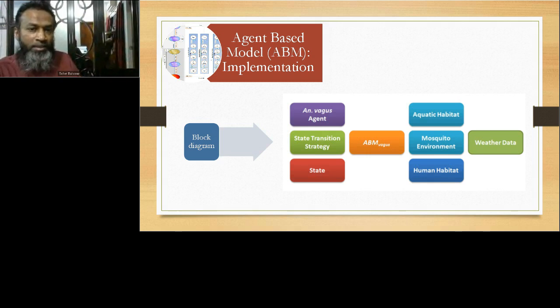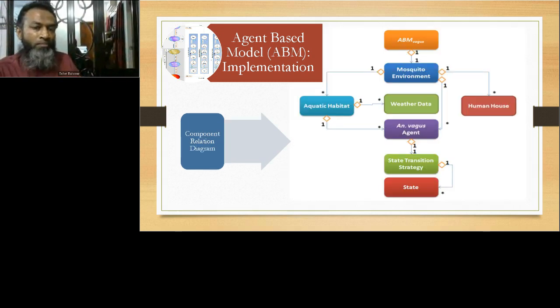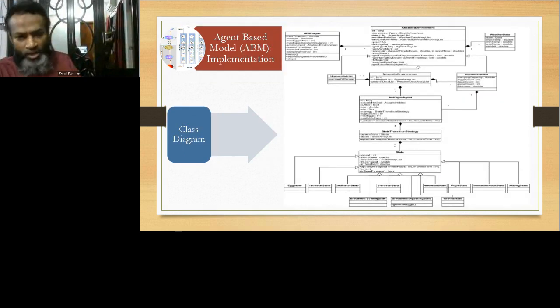And this is the component relation diagram. And then I also just have a snapshot of the class diagram. I'm not going to go into the details. One detail is that we have not implemented humans as agents here, because our simplified conceptual model was that we only want to focus on the female Anopheles mosquito.